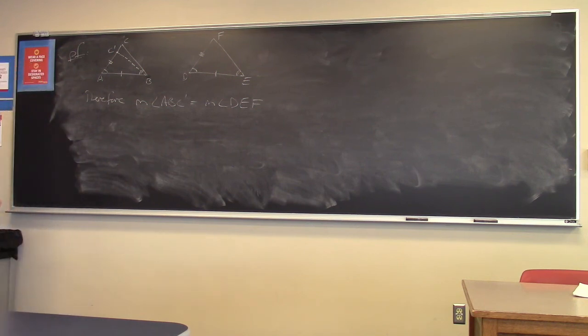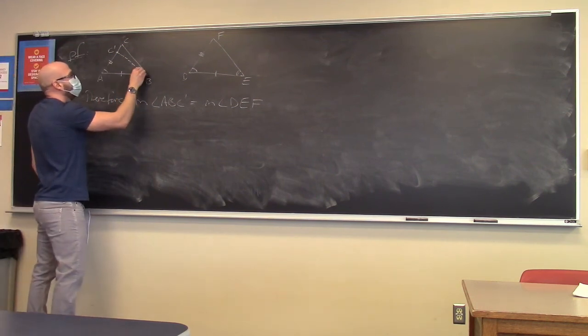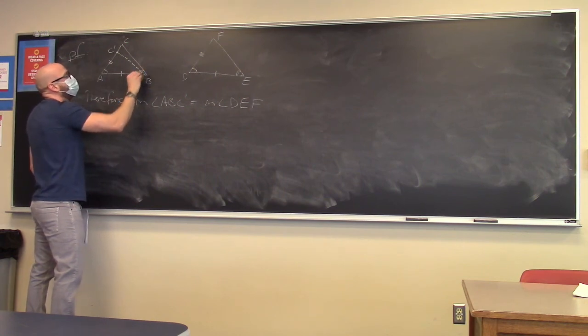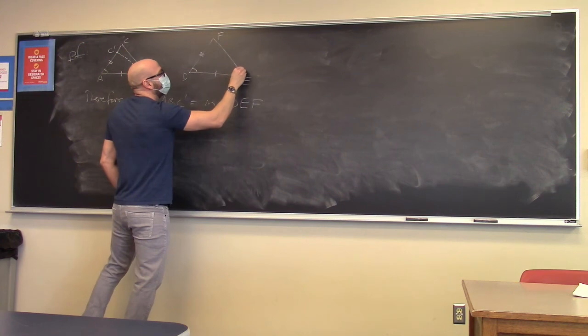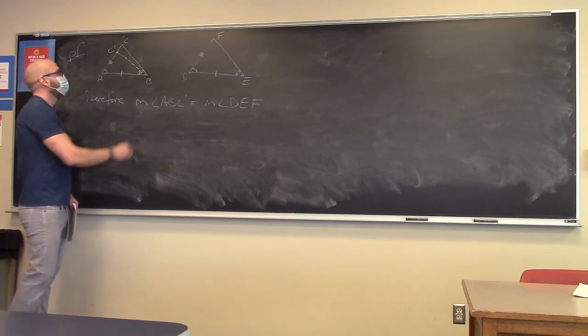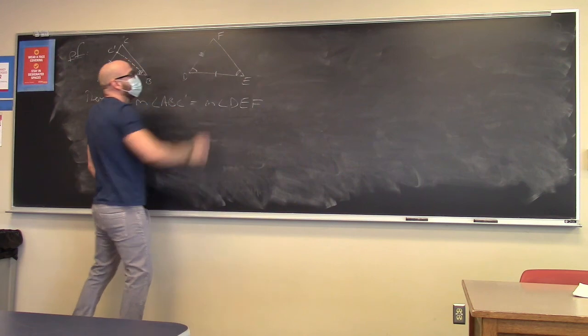Right? This angle here, ABC prime, if these are congruent, then this angle, I'm gonna put 3 lines on, has to be the same measure as that guy, because they're congruent triangles. But we've already assumed for starters that angle ABC is the same as angle DEF.